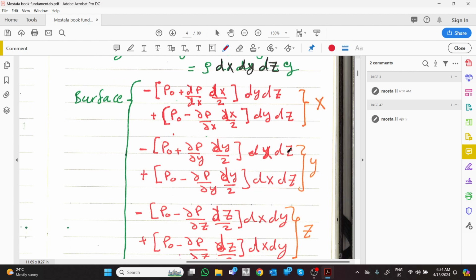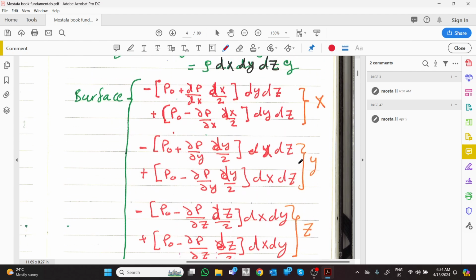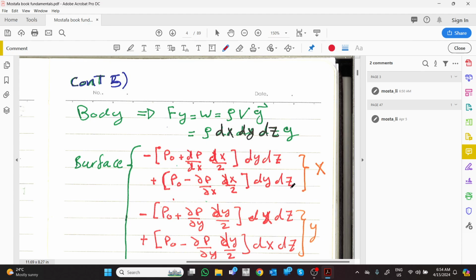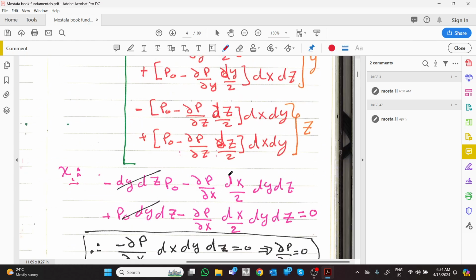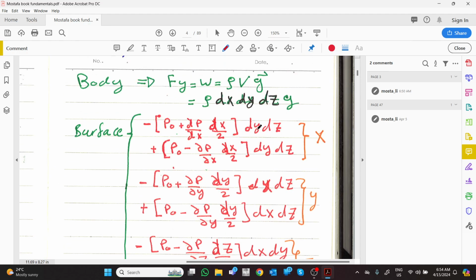Repeat the same in y and in z. It's very simple. Make sigma Fx equal 0. Sigma Fx equals 0. If you start to see it, there is no Fx except this one. So if you take this one with minus plus this one equals 0, you will find something really good: this term and this term in minus can be added together.